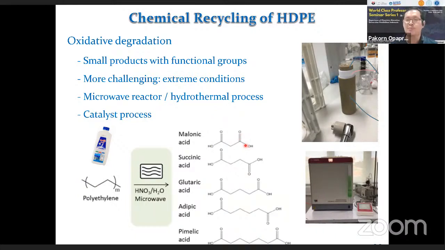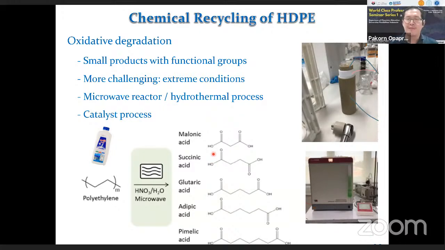And the functional group that we observe from this reaction is carboxylic acid group, which is very important. If we can make small molecules that have more than one acid group in the molecule, we can use this to make polyester, which is a degradable polymer again, right?